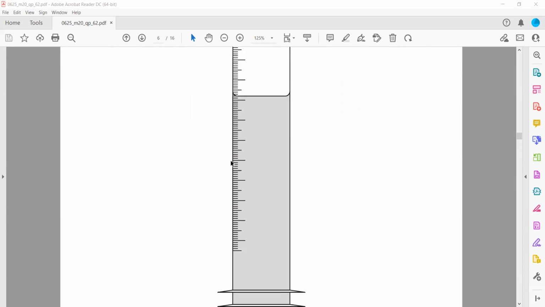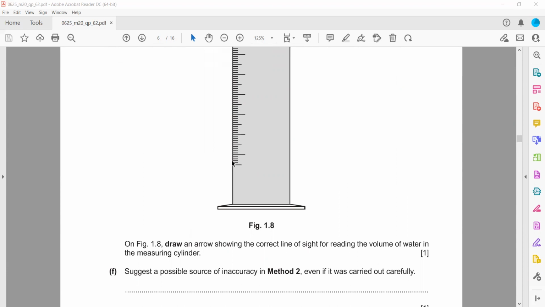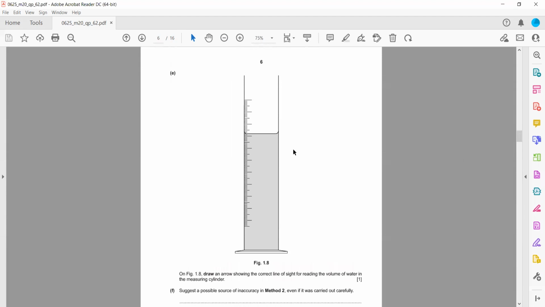Then on figure 1.8, draw an arrow showing the correct line of sight for reading the volume. So where should I draw an arrow to read this scale accurately?